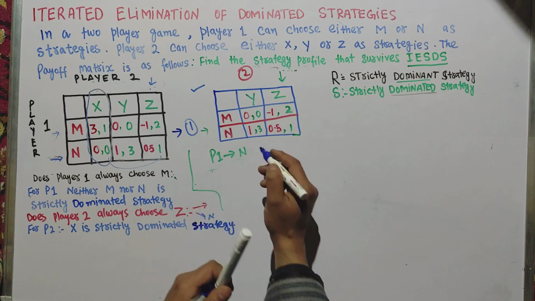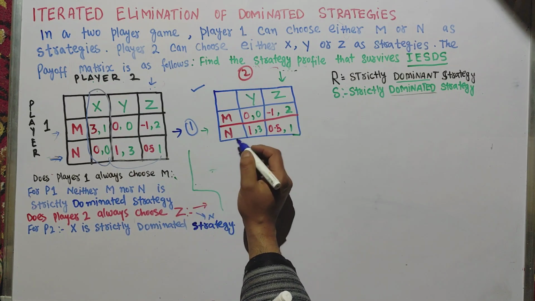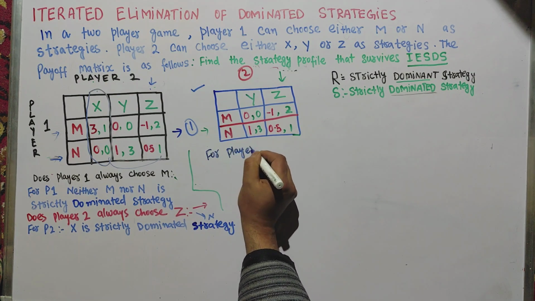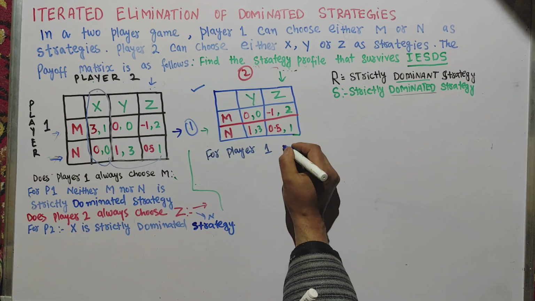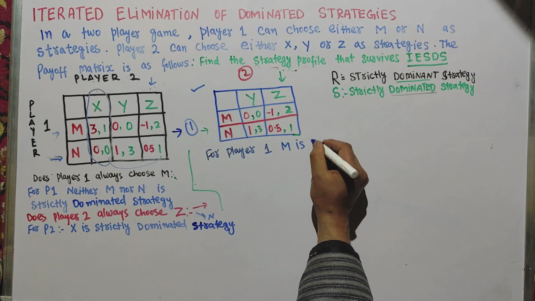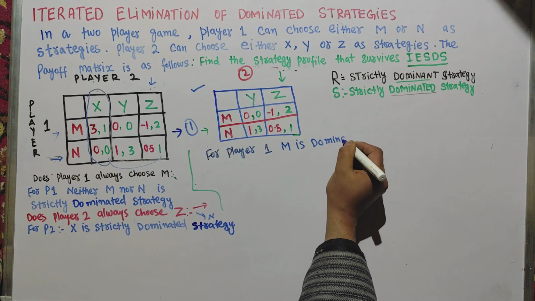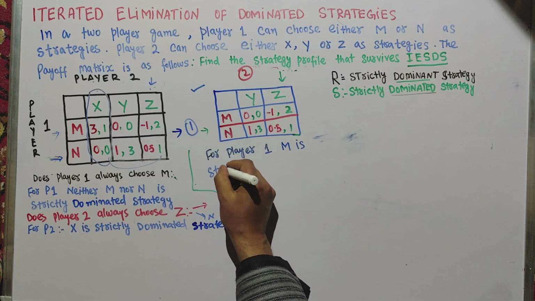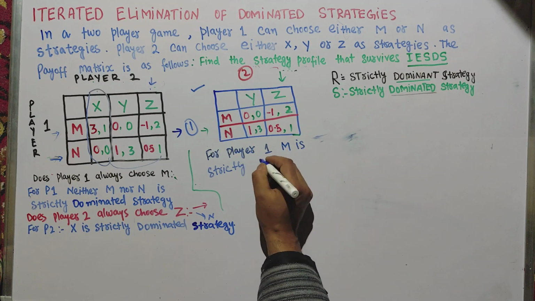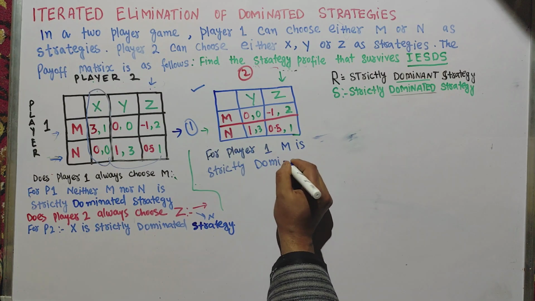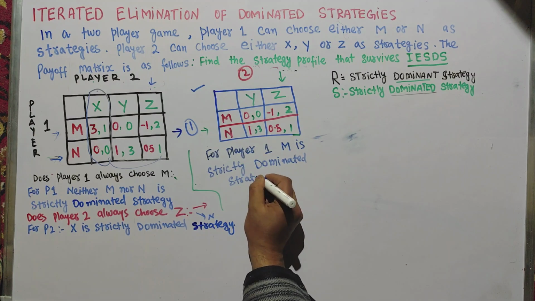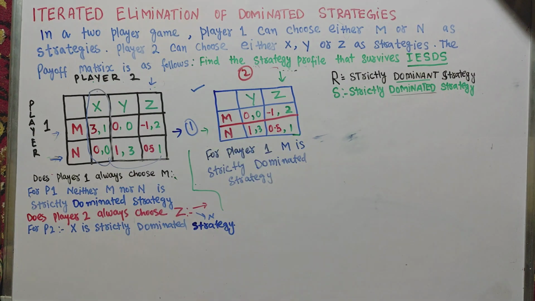So here we can see that for player 1, M is a strictly dominated strategy. Another meaning is that N is the dominant strategy.